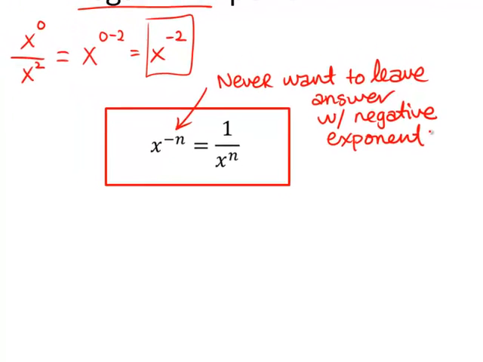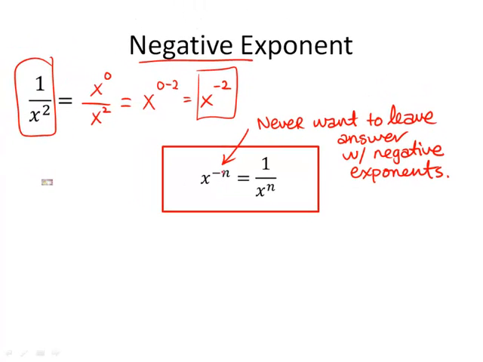So we can use the rule of converting a negative exponent to its reciprocal with a positive exponent. Let's take a look at a few examples of that.